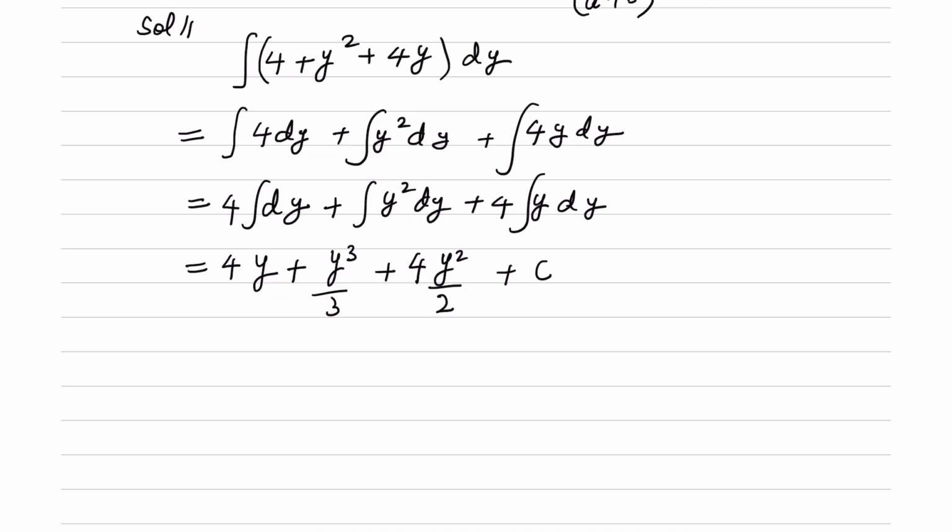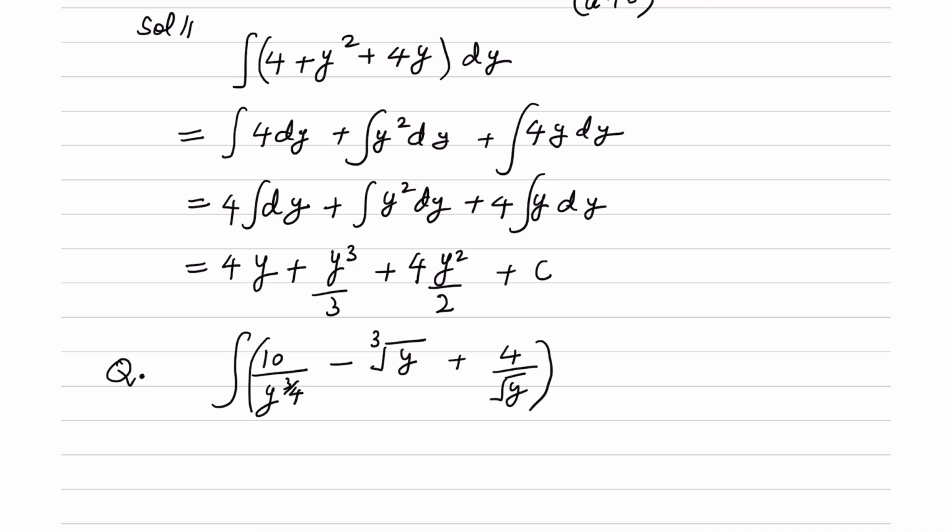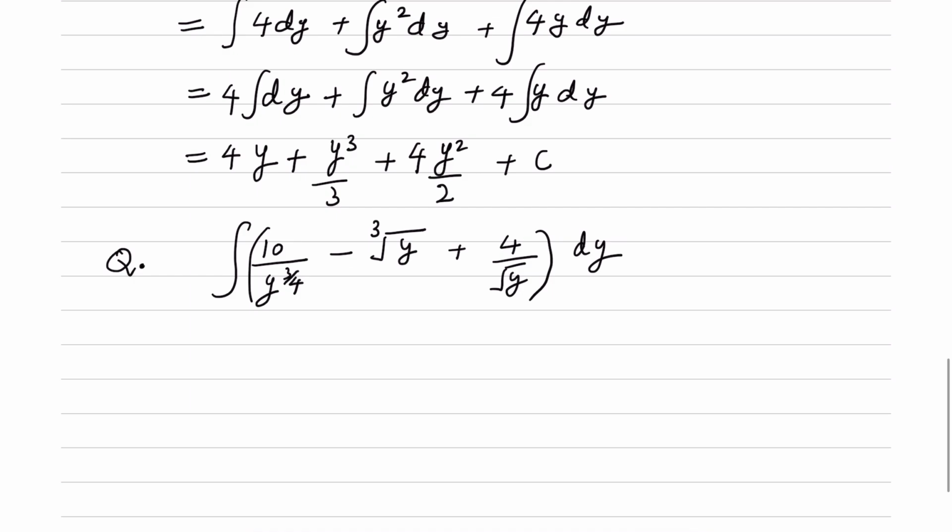Let's integrate another expression. This time we have to integrate 10 by y to power 3 by 4 minus y to power 1 by 3 plus 4 over square root y, and we have to integrate it with respect to y.